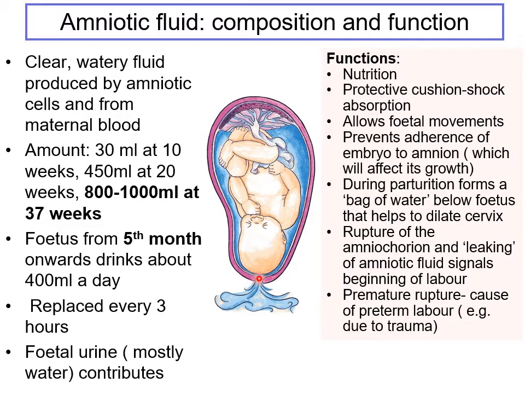So it's rupture of the amniochorion actually, and then the leaking of the fluid is a sign that labor is beginning. So it's very important for the onset of labor also. But imagine if it ruptures prematurely, before the fetus is fully grown inside, then it can cause early labor. Suppose there is trauma and the membrane tears somewhere, then it can rupture early and cause problems. Okay.